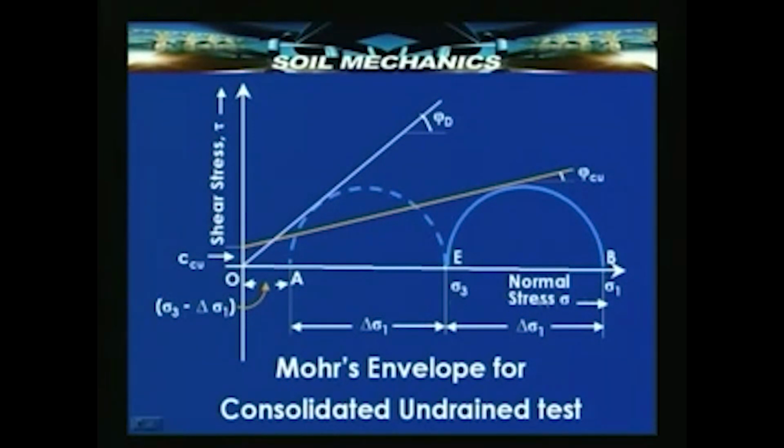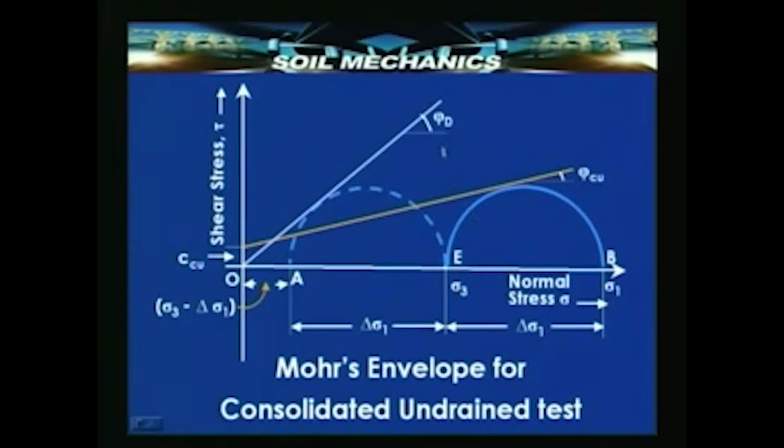If we subtract this pore pressure, we get the effective stress dotted line diagram, the Mohr circle represented in dotted lines, which says that the effective stress at point A, which is the minor principal stress, is sigma 3 minus delta sigma 1, that at this point E is equal to sigma 3.